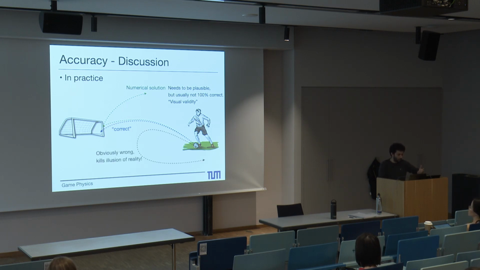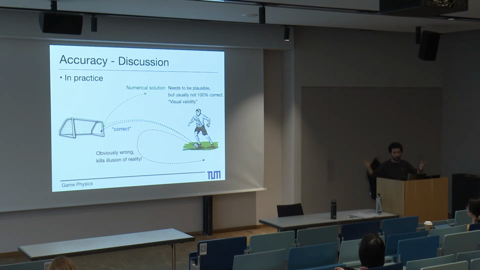What we cannot afford is something that looks like this, because in that case our trajectory is completely far from what we expect, from what reality is, and that is going to turn out to be a very weird and non-playable experience, in a sense.